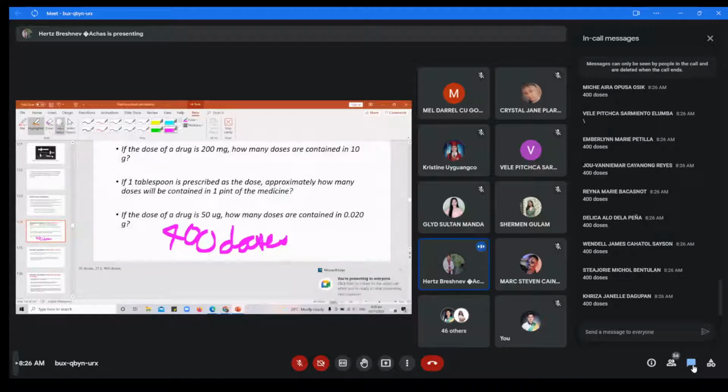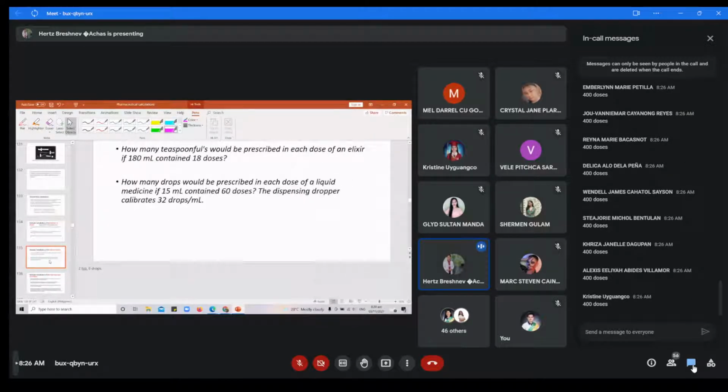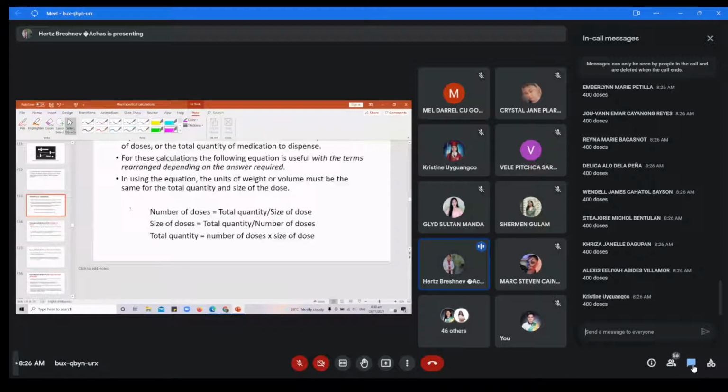Okay, let me erase this one. Okay, let's proceed. So for the size of the dose naman. How many teaspoonfuls would be prescribed in each dose of an elixir if 180 ml contained 18 doses? Now the formula is this one.